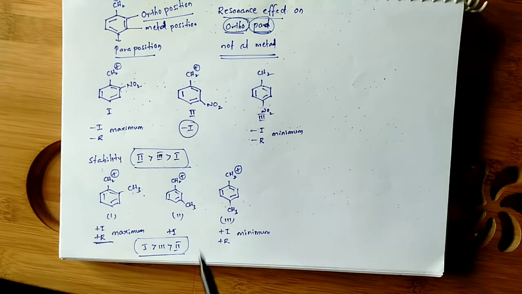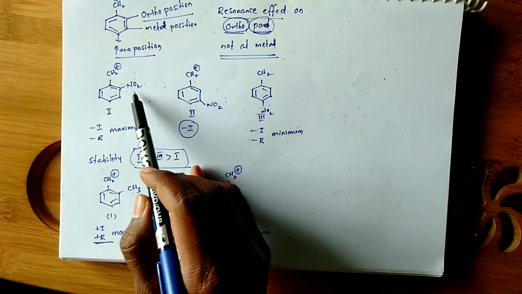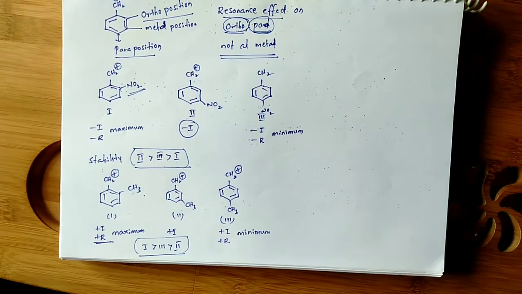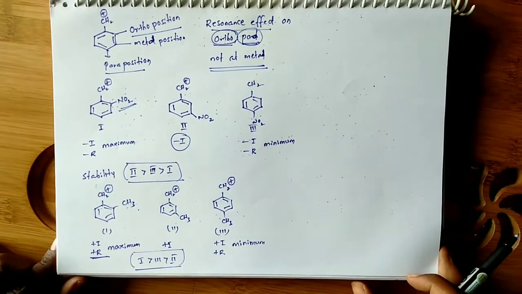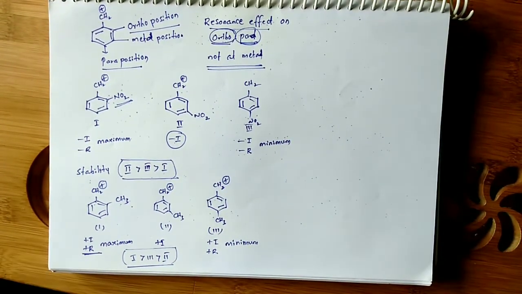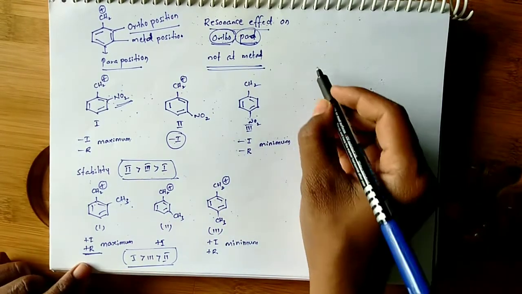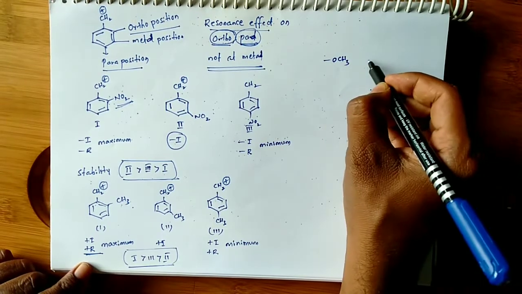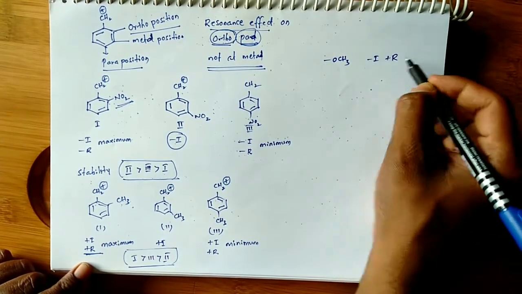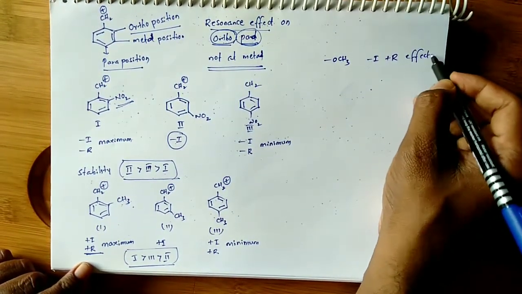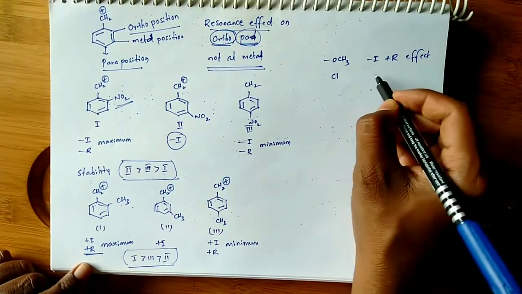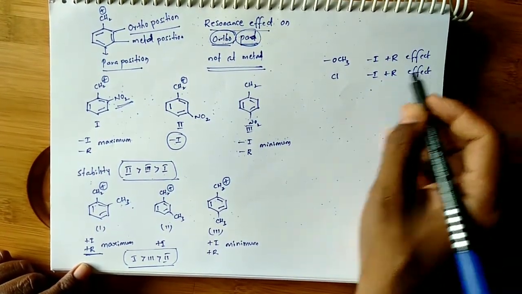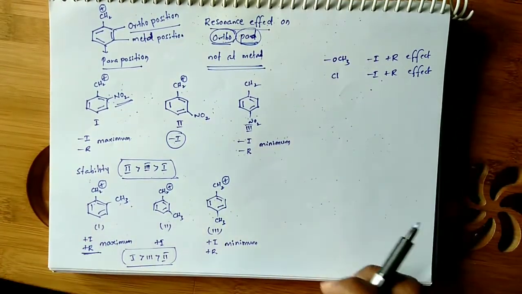Okay, so we have seen when a withdrawing group is present and when a donating group is present, and some groups have a minus I plus R effect. What are those? Generally the methoxy group can act as minus I plus R. Chlorine can also act as minus I plus R; it shows resonance as well as minus I effect.